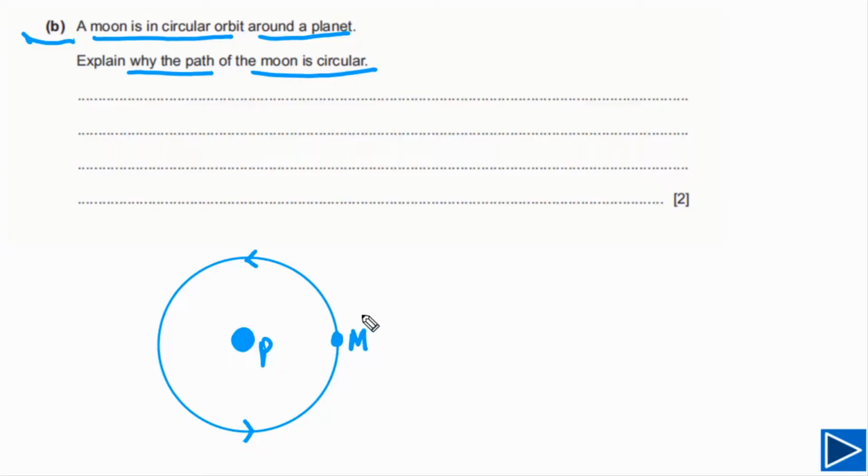So we need to understand as the moon is moving in a circle, there must be a centripetal force because this one is doing circular motion. Now we need to understand centripetal force is not a force by itself. So centripetal force has to be provided by another force.